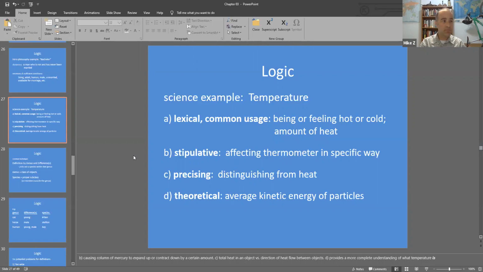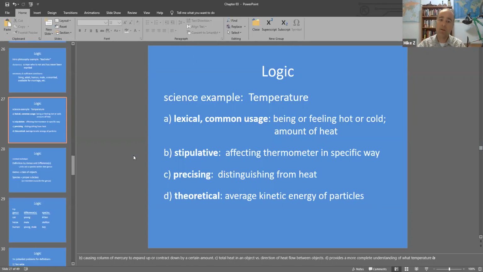It was really into the late 1700s or so and into the 1800s before it was fully appreciated that these are distinct concepts, temperature and heat. And so a precising definition could be that. It's where we distinguish what we're talking about with temperature from heat. Because before it was a little vague, it was ambiguous as to what exactly we were referring to with the term temperature.